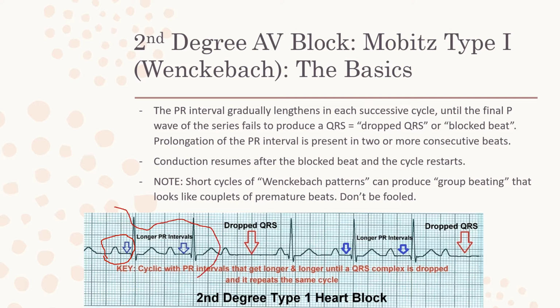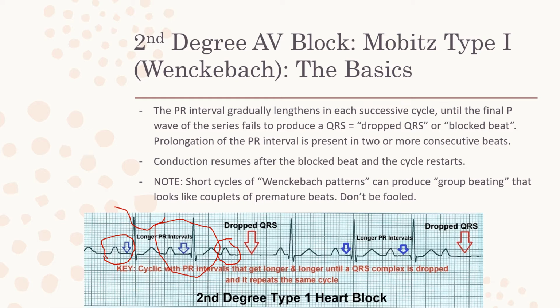If you look at the PR interval here, and then you've got a dropped QRS. Here's your P wave. This P wave looks exactly the same as the previous two, but you do not have a QRS after it. Now, how do you know that that is not a blocked PAC?